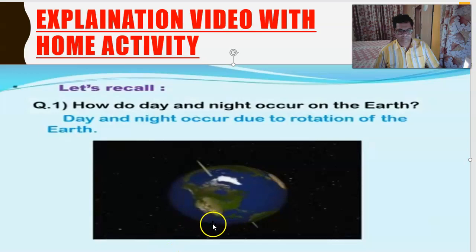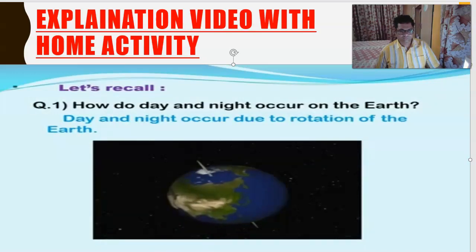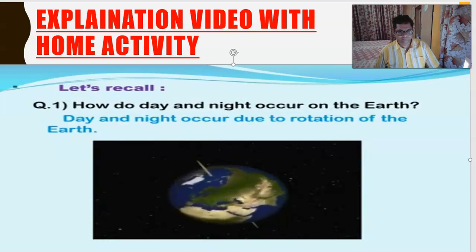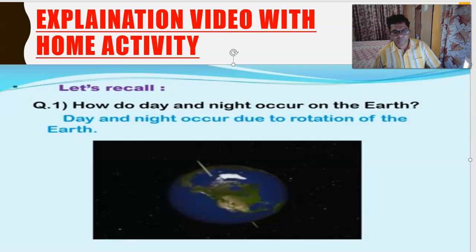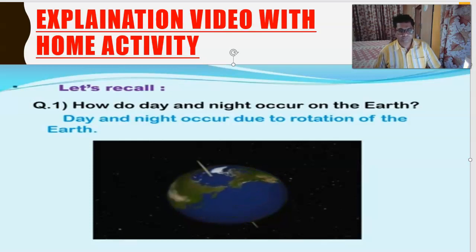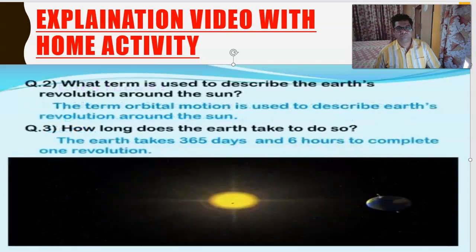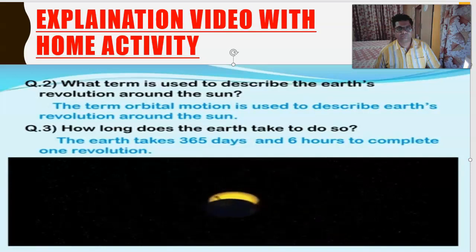Let's recall a few questions that we already studied in the previous year. How do day and night occur on the Earth? Day and night occur due to rotation or axial motion of the Earth on its axis. What term is used to describe the Earth's revolution around the Sun?